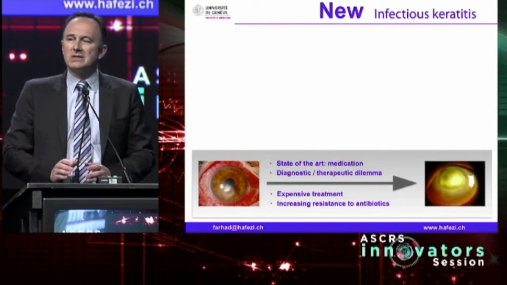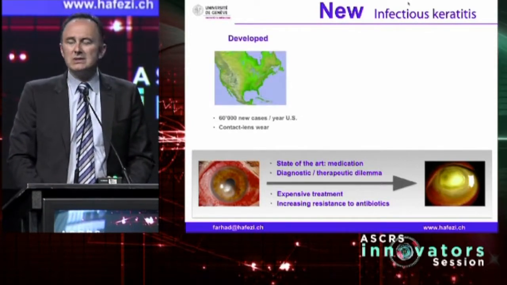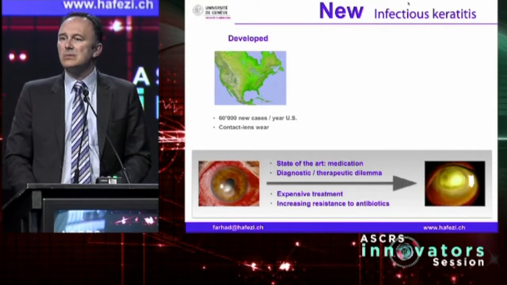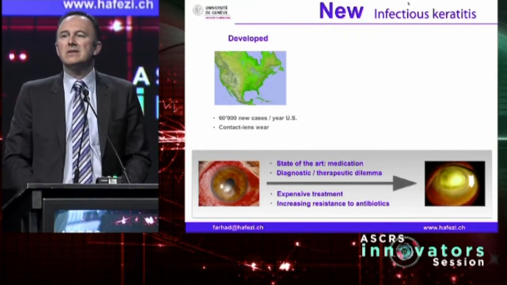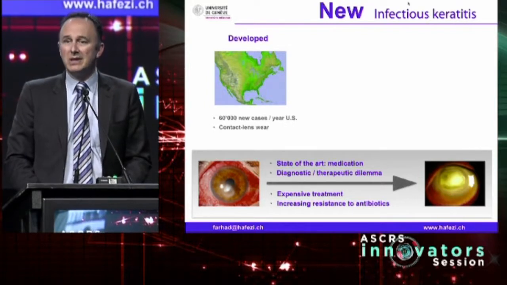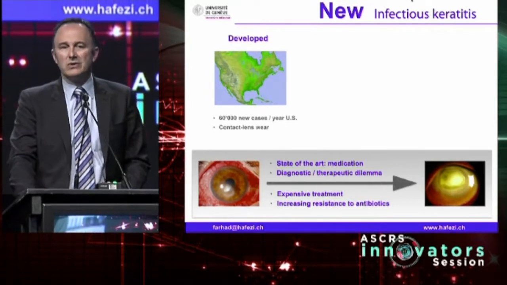Looking at infectious keratitis at a global level, looking at developed countries, it is often related to contact lens wear. In the US, we have a registry that reports roughly 60,000 new cases of corneal ulcers per year. But the real problem is in emerging and developing countries.